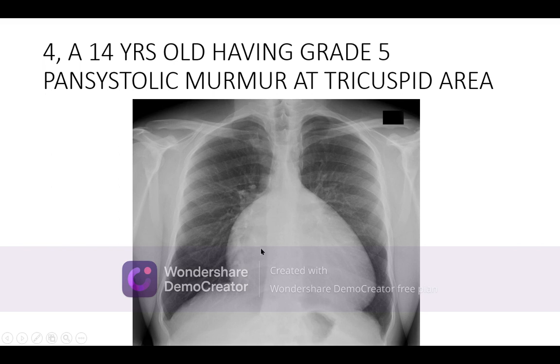So it is the atrialization of the right ventricle. The terminology we use is atrialization of the right ventricle, because now the right atrium area is more here rather than the right ventricle. So the right ventricular cavity becomes small, and when it is small, then the pressure will increase. Then the pulmonary conus pressure will also increase. So this is the Eisenmenger's.